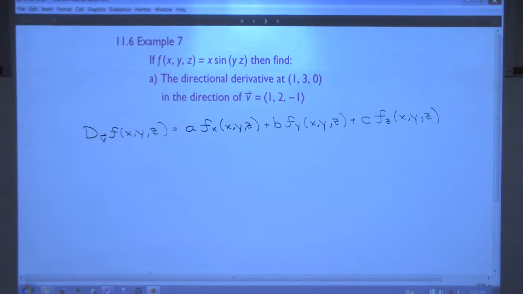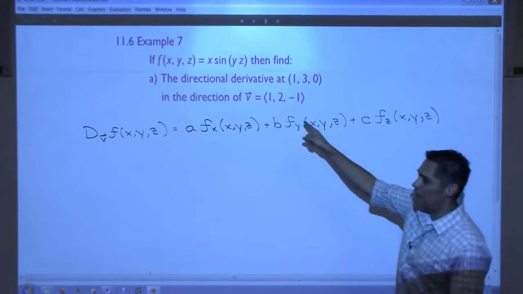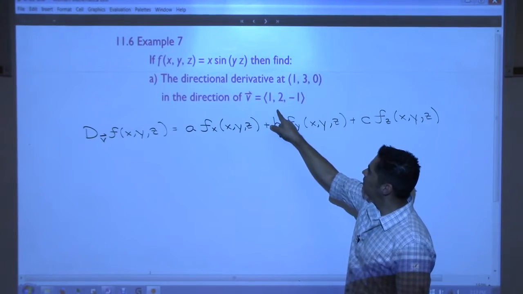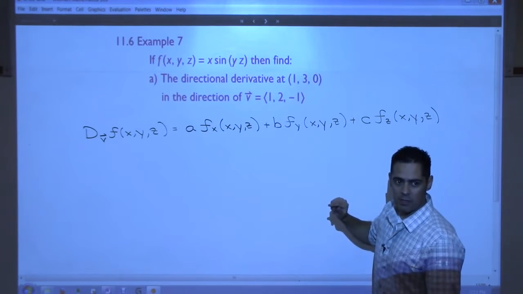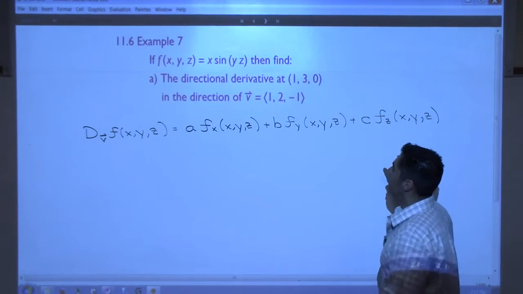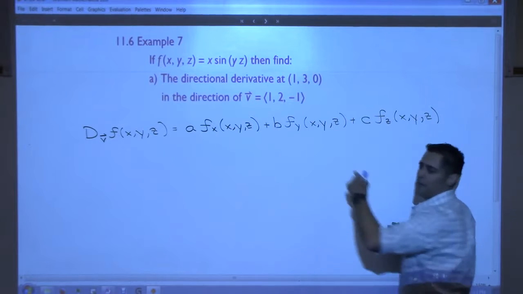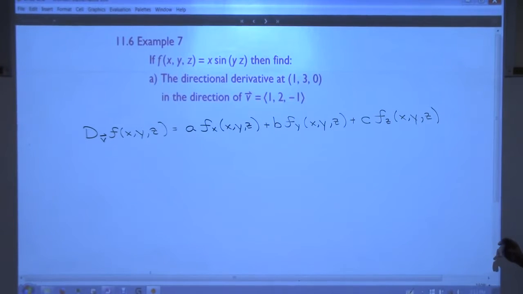What are a, b, and c? Is it 1, 2, negative 1? No, that's not a unit vector. I have to make it a unit vector first, or else it's all going to be off. So what is the length of that vector? Root 6.